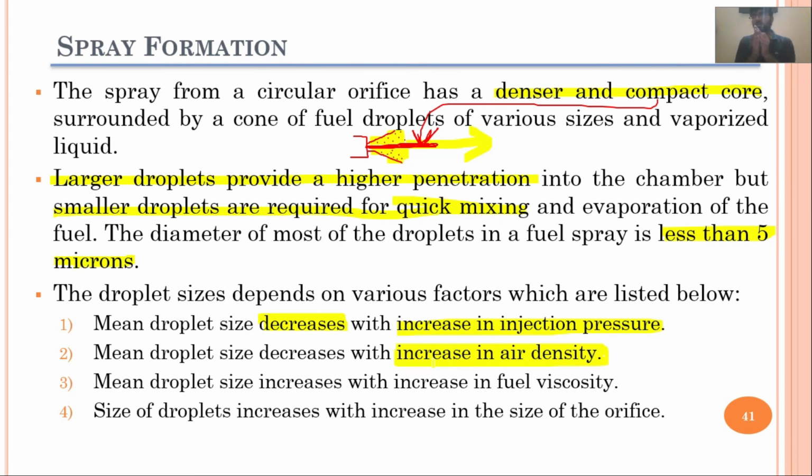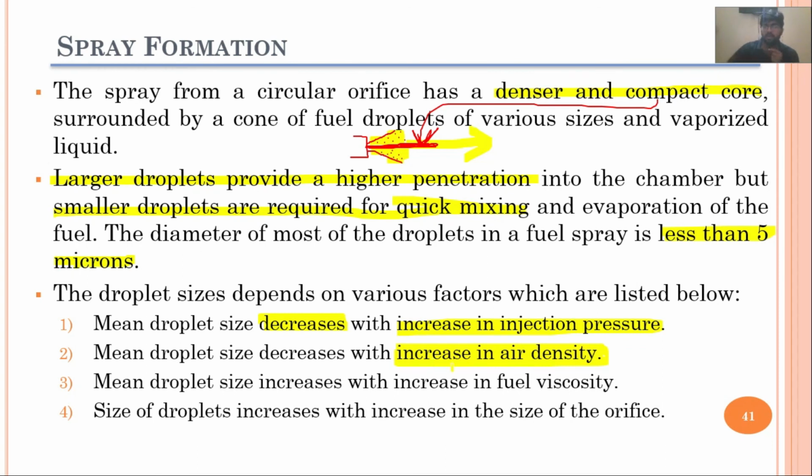Rather, they will disperse the fuel and break those fuel particles into smaller droplets. So we can say that by increasing the air density, the droplet size also decreases.